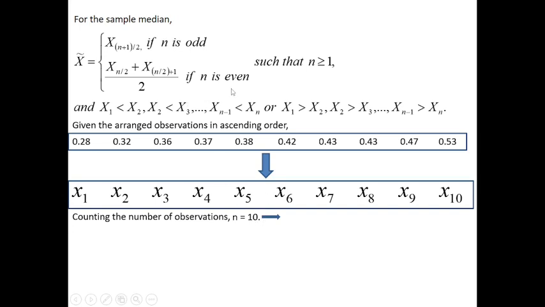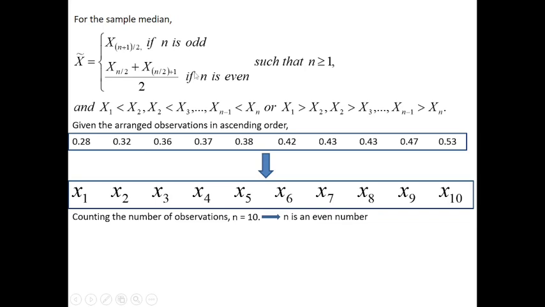10 is even. So when we talk about median, the center of the data set, we find the observation which is at the center. Since n is 10, it is even, so we have two centers, right?